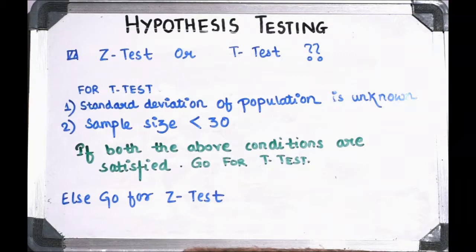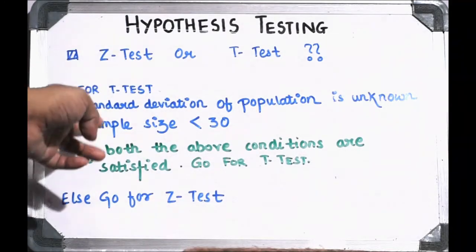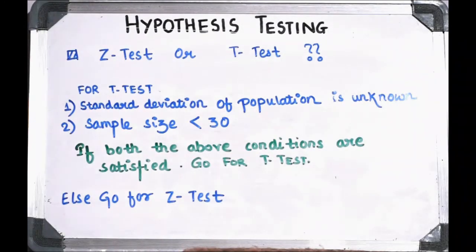Now friends, let us discuss Z-test and T-test: when to do Z-test or when to do T-test, and what conditions need to be fulfilled for each. Let us have a look on the board. For T-test, these two conditions need to be fulfilled.